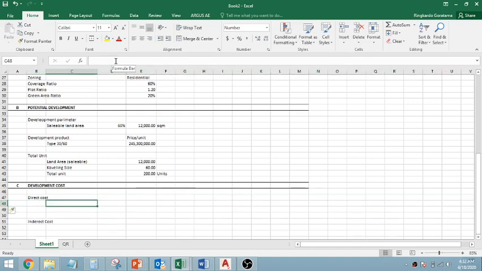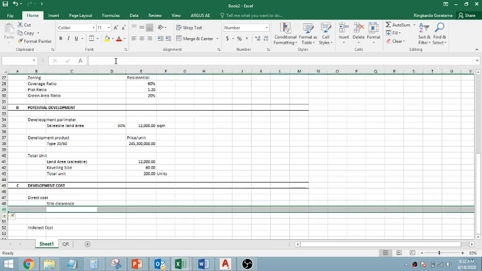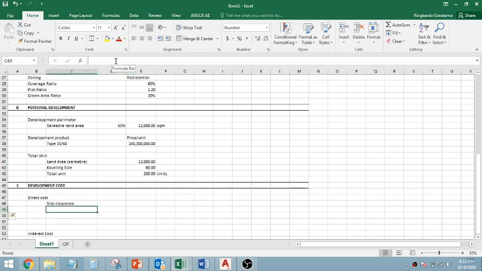We can put the site clearance, like cut and fill, the cost, everything. This is for the infrastructure, and this is for the building cost. Let's say this is the area, this is the price, and this is the total.